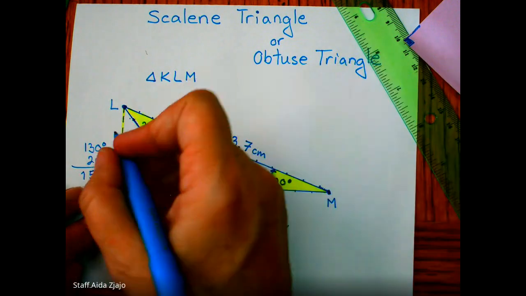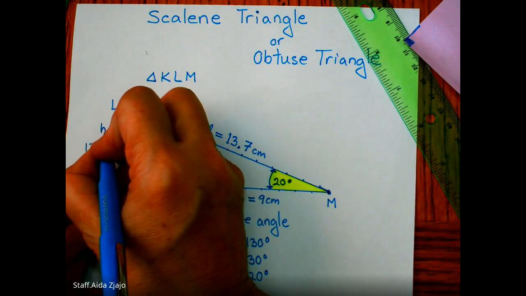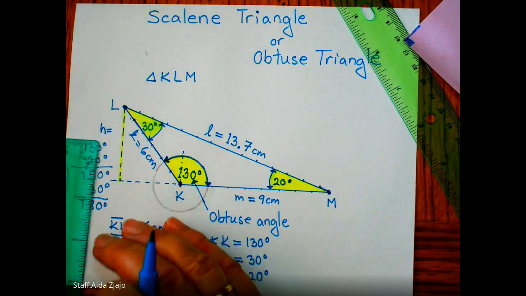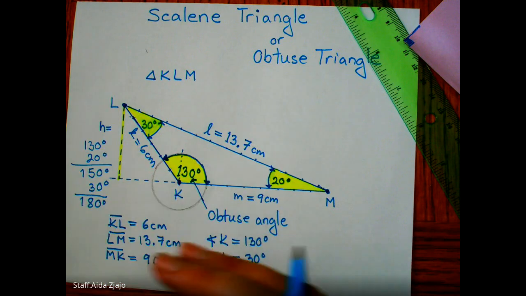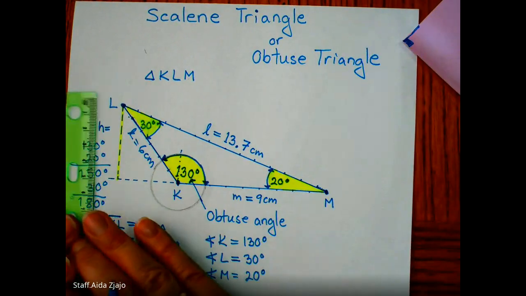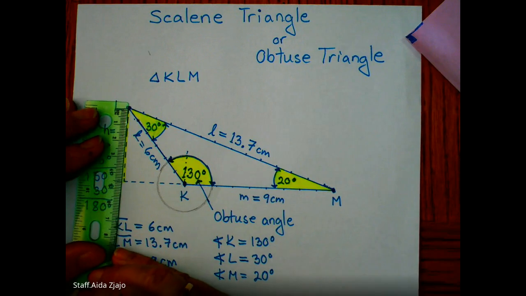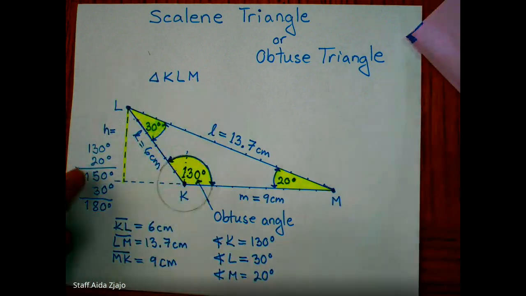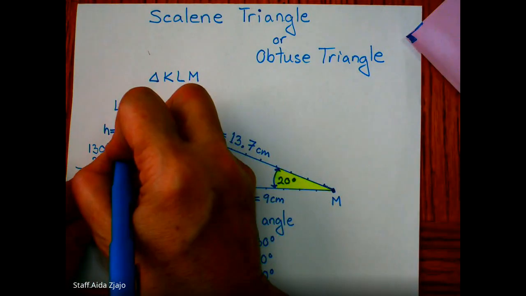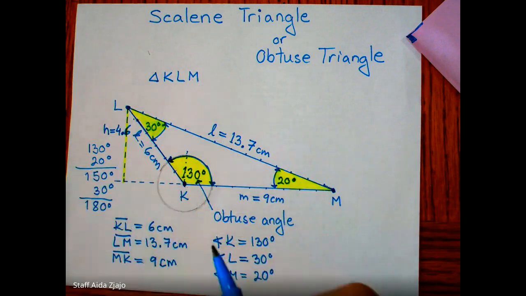We can measure the height h, and if we measure how many centimeters, let me just take the other one that's better visible. It's about 4 centimeters and 6 millimeters, so 4.6 centimeters.